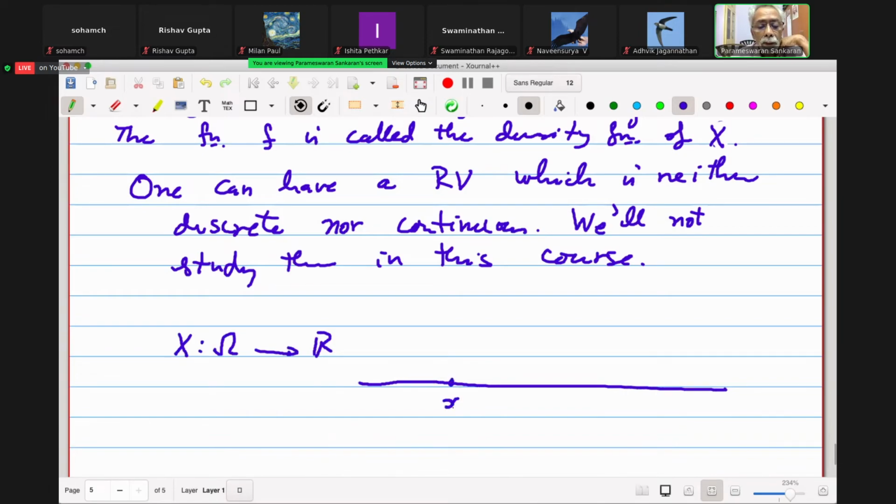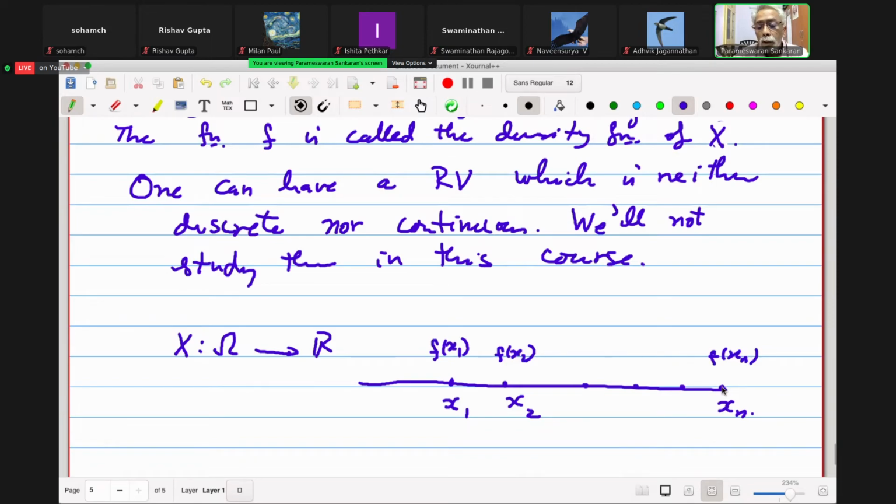Let's look at the simplest situation where there are only finitely many points in the image: x1, x2, up to xn. And you should think that f(x) is a weight assigned at this point. So f(x1) is a certain mass. You must think of these x1, x2, up to xn as particles, each having a certain weight or mass: f(x2) and f(xn).